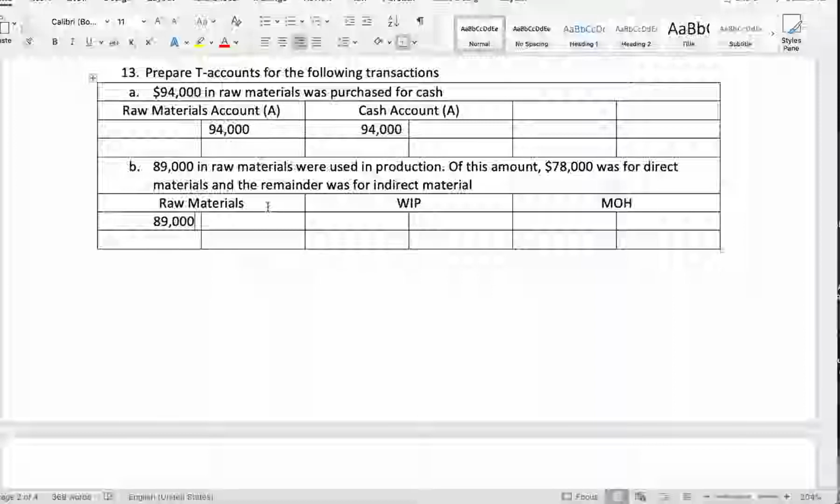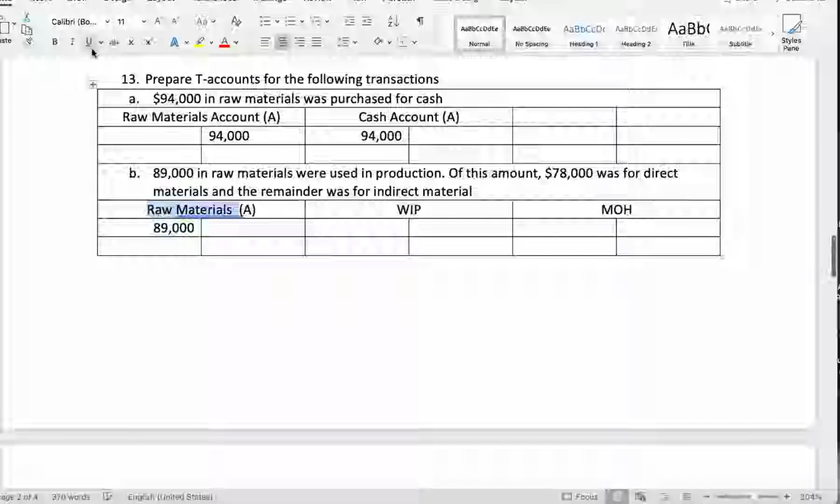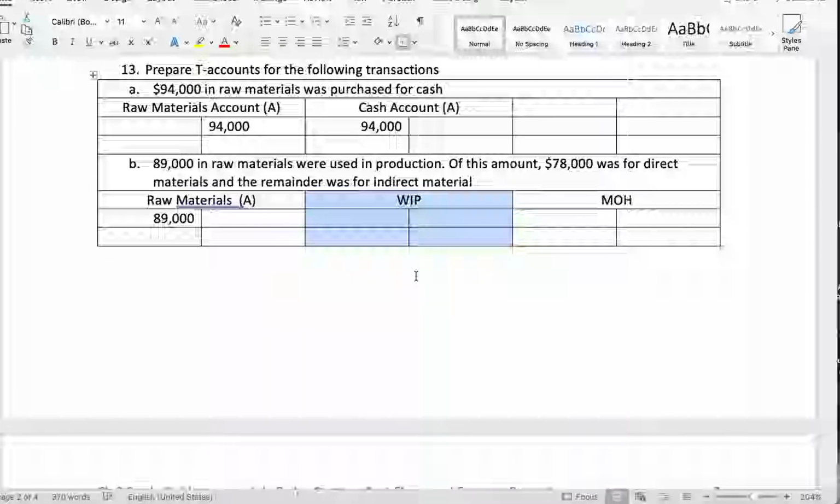Raw materials is an asset, and I'm going to put an A there. Remember, we increase an asset with the debit and decrease an asset with the credit, and that's why it's on the left side here. Here's the T account for the WIP account. WIP, or work in process, is also an asset account.